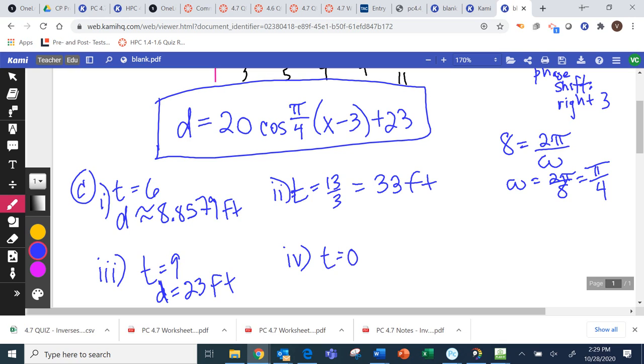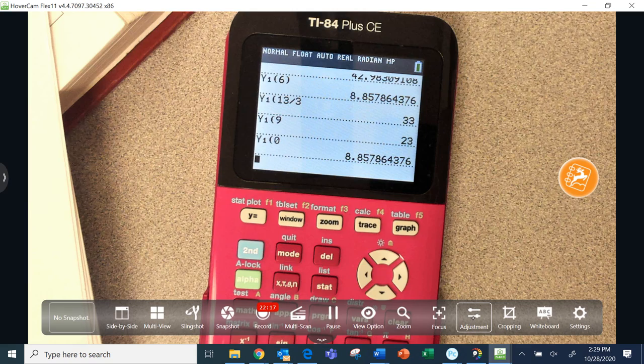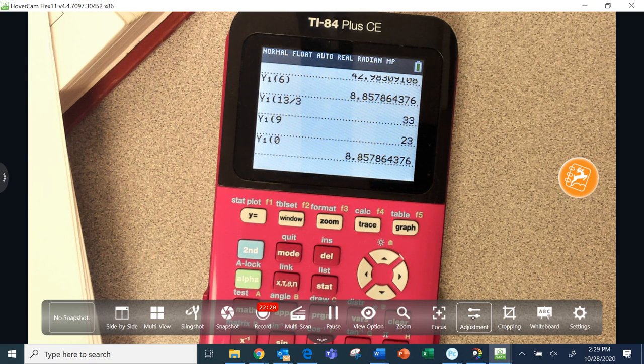And the last one is asking what height she's getting on at, .8579.